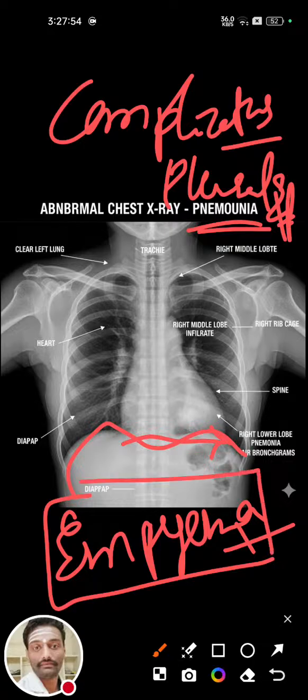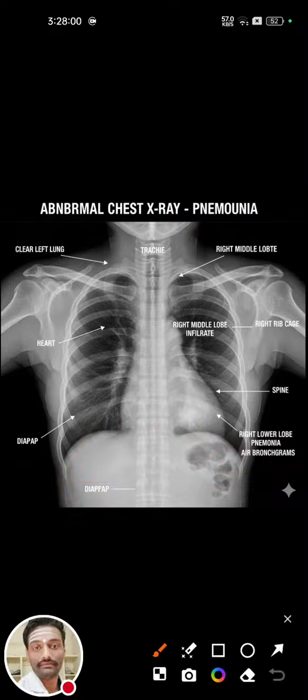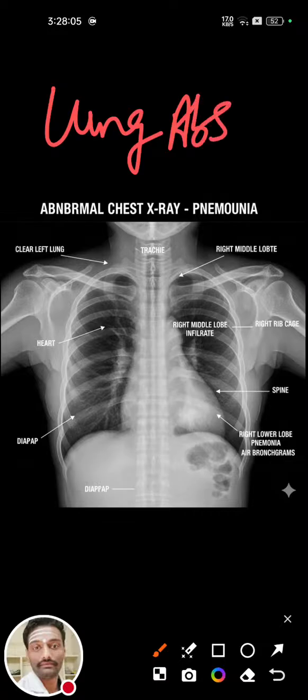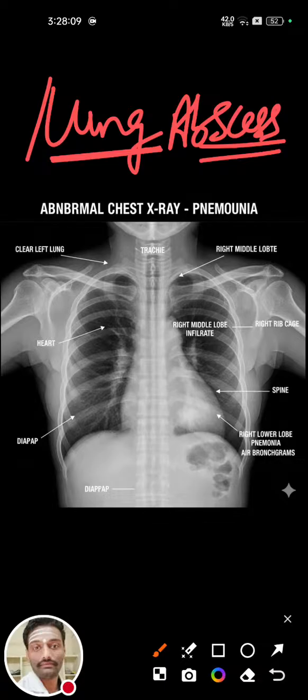These are the findings in an empyema case. Next one is lung abscess. What are the changes in the X-ray of lung abscess? If you know, comment below. In lung abscess, we see a round cavity and an air-fluid level.